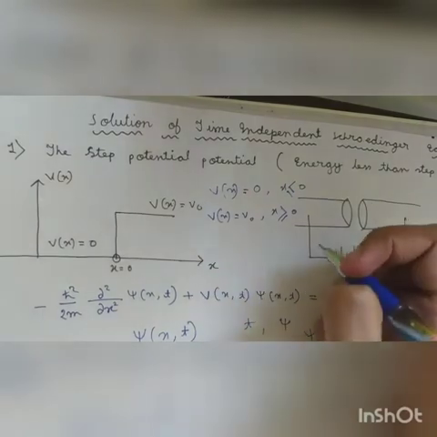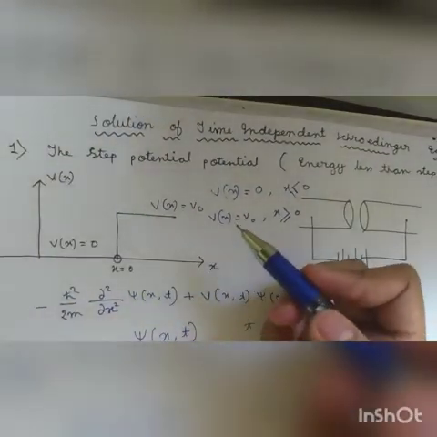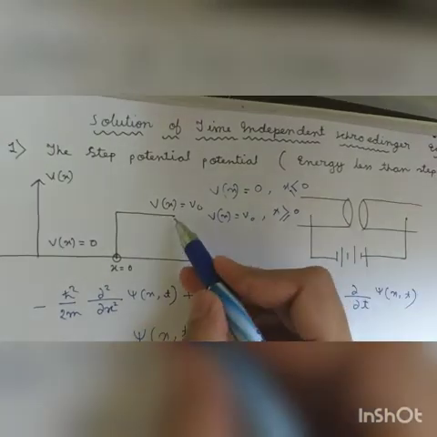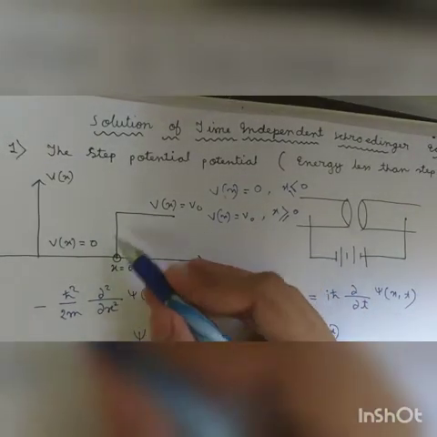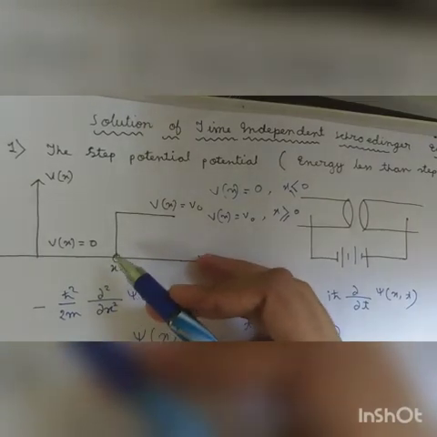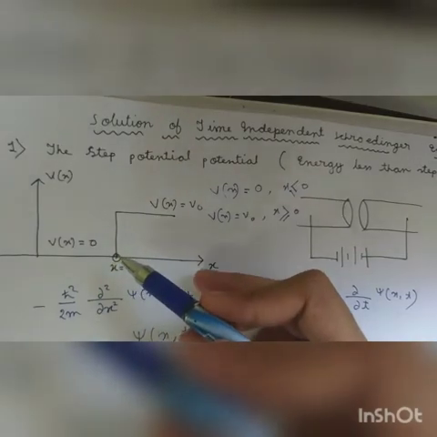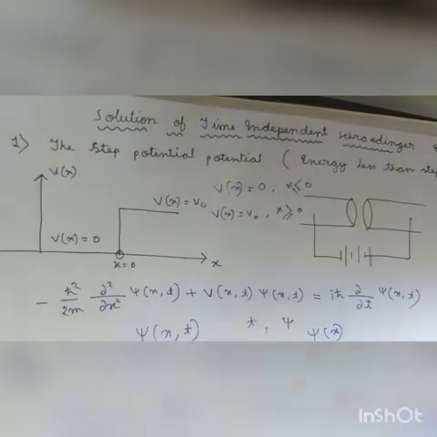There is one question arising: why are we studying this step potential at all? Actually we don't find anything like a step potential in the real world, but still we are studying it because a step potential is a very good approximation of some real cases.